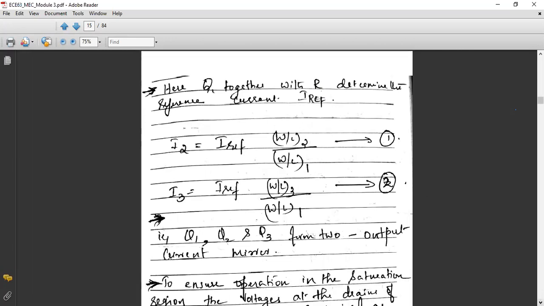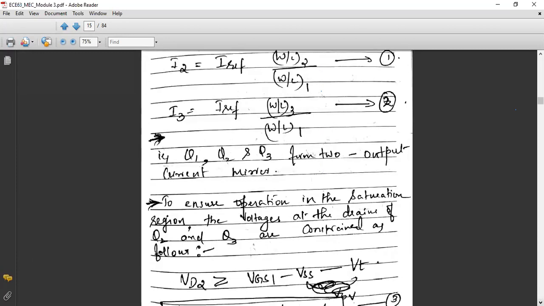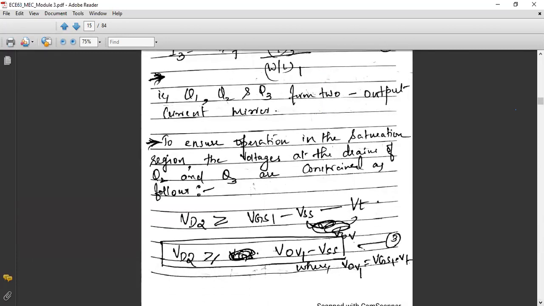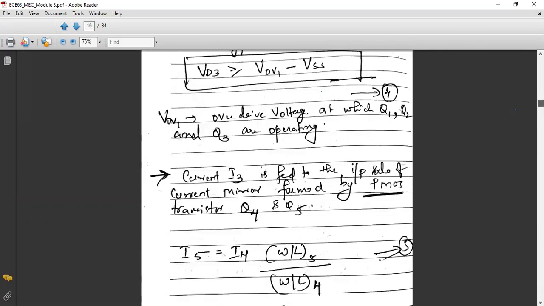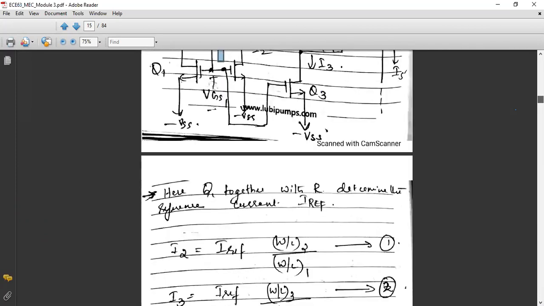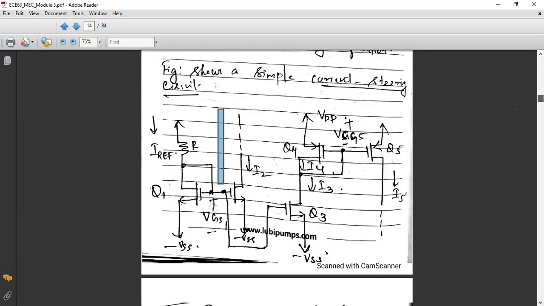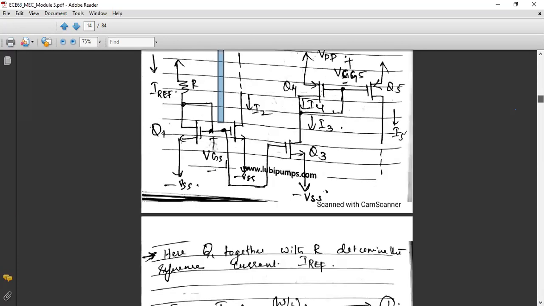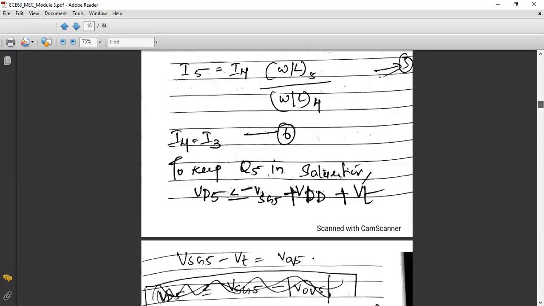Clear? So you have two equations. In this way, current steering happens. You just need to define those equations, how we are going to find I2, I3, etc. So this is basically the current steering circuit.